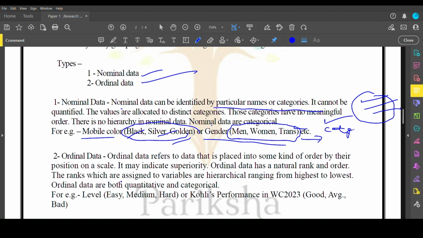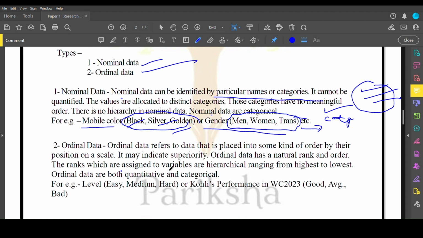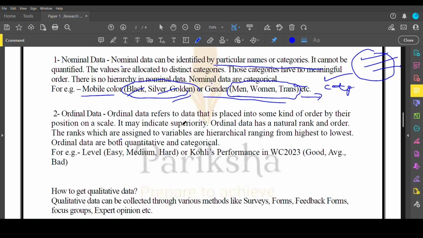Now we will come to ordinal data. Ordinal data is placed in some kind of order. In ordinal data there are also categories, but there is an order. It is a position on a scale, and it may indicate superiority.